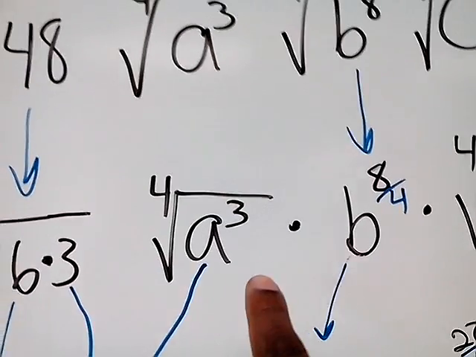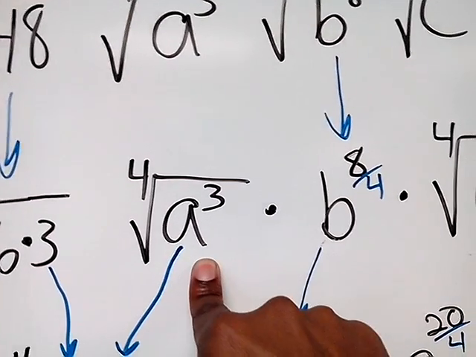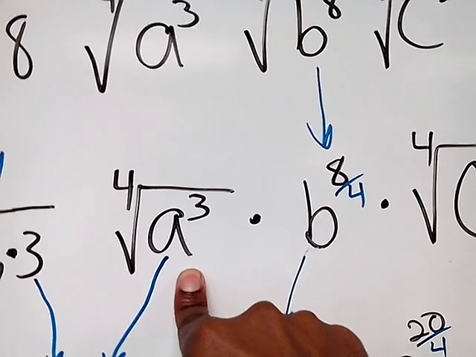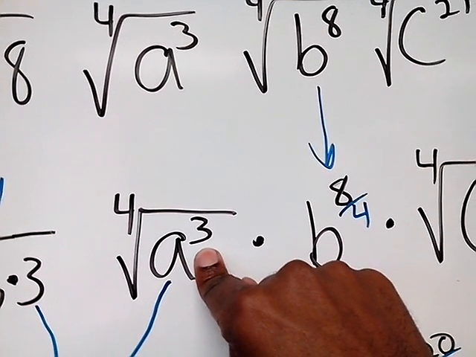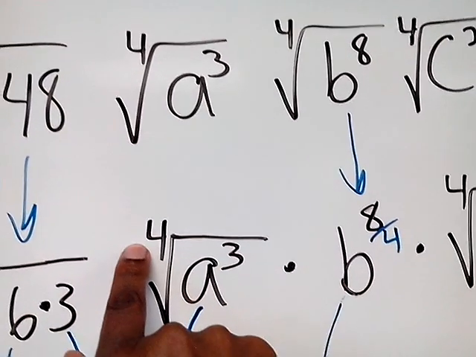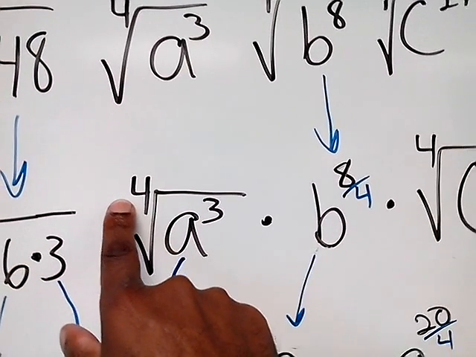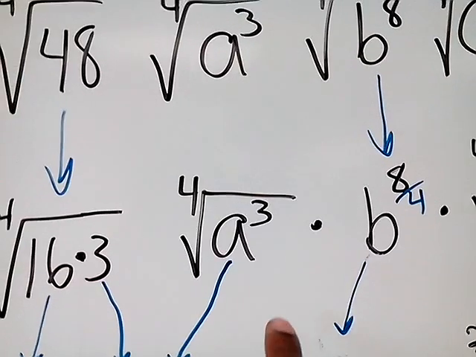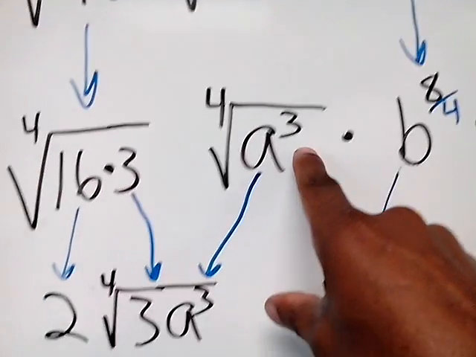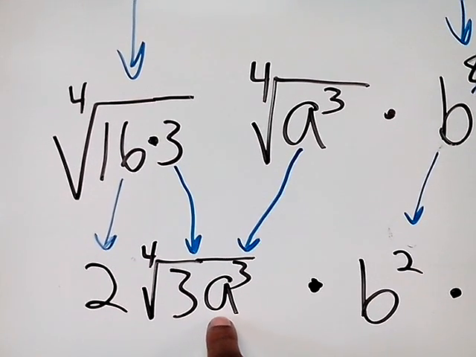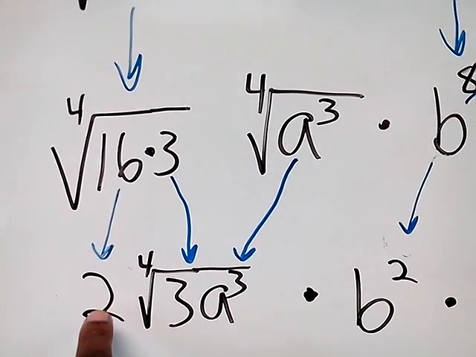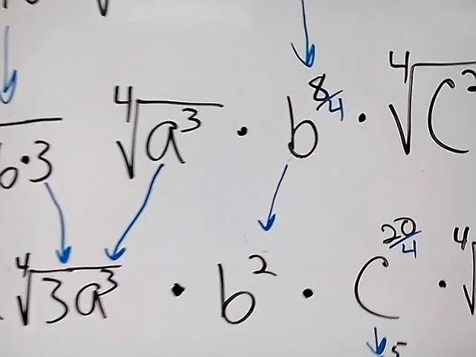And same thing with the fourth root of a to the third power. As long as your power inside of your radicand is smaller than the index, or the root out here, then we can't do anything with it, and that stays the same. So we bring that along with the 3 back inside of the radical. The 2 comes out.